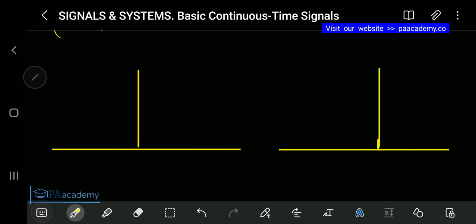This is our decaying, and this is for growing, which is our B. So for this now, it's going to look like this.